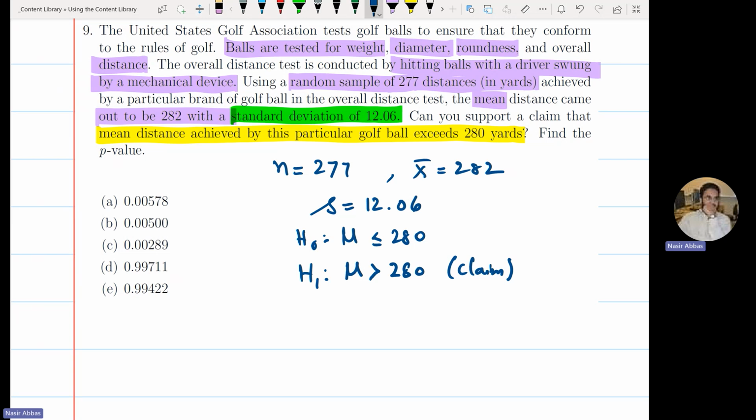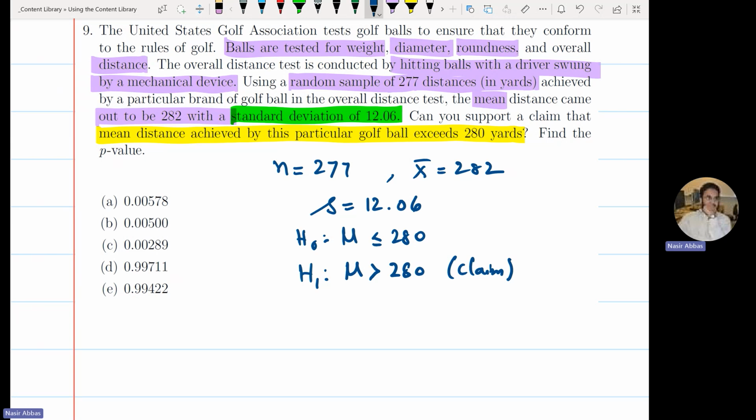Now find the p-value. They're asking you to find the p-value. By the way, which test will you apply in this case? Go to the second last slide of the chapter, where we give you the map for choosing the test statistic. There were two cases under mean, when sigma is known and when sigma is unknown. You remember that? When sigma is unknown, then you look at the sample size, whether the degree of freedom is available in T or not. Look at the sample size in this question.